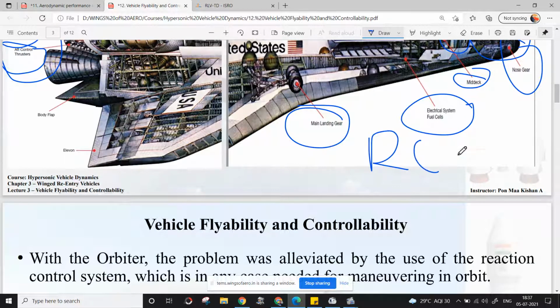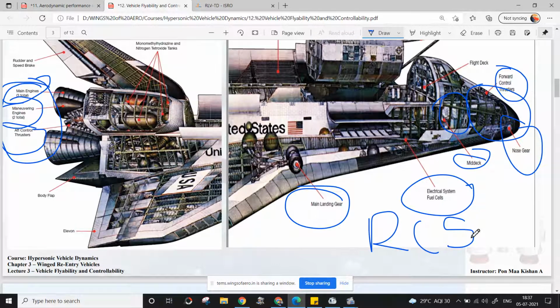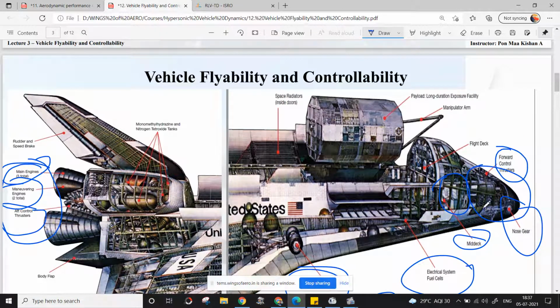Reaction control system, or engine, or thrusters. They call it the RCS system. Okay, reaction control system. These forward control thrusters are used whenever we are performing orbital maneuvering. I will show some pictures of how it can be done and what things we can do.